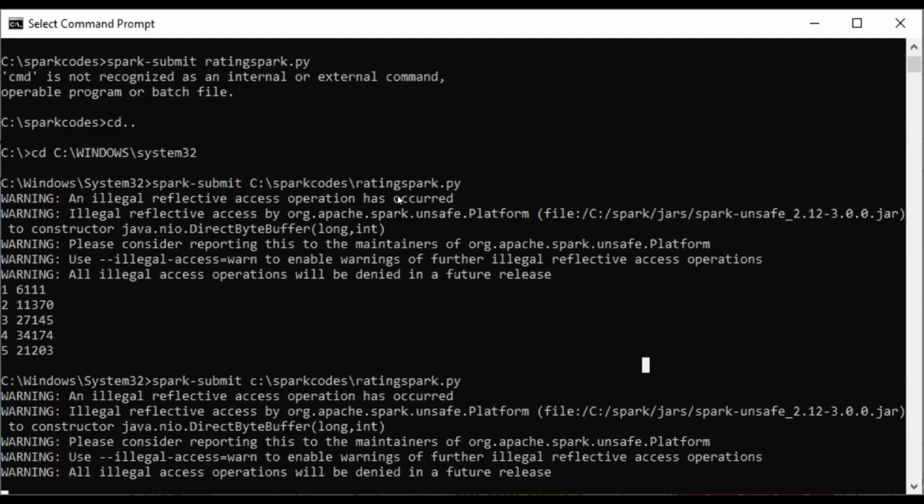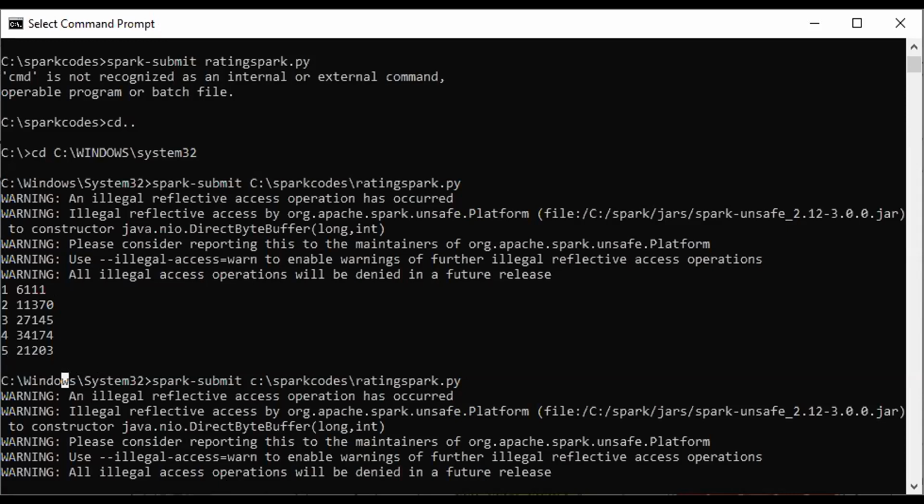But looking at the previous run, I typed spark-submit and the code address, and you see the distribution of stars: how many 1 star, 2 star, 3, 4, 5. In the previous class, we ran MapReduce over Hadoop, and the result is exactly the same.